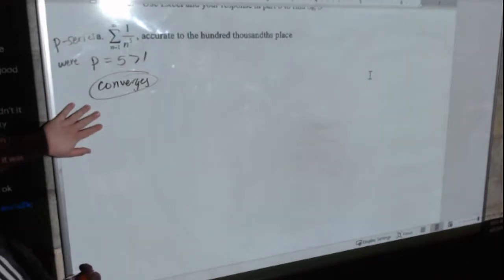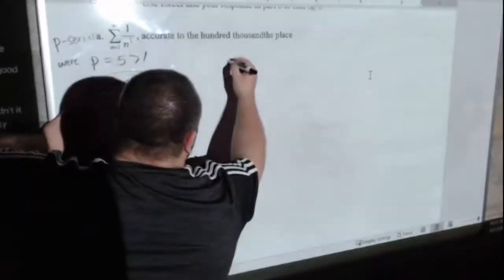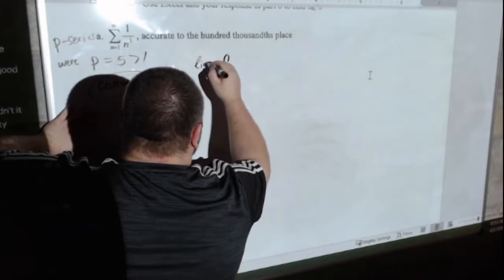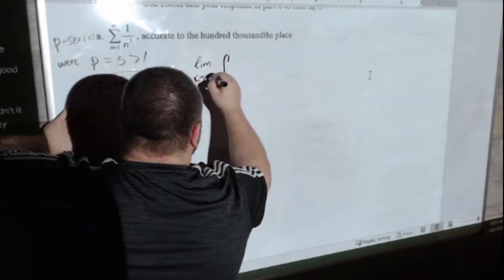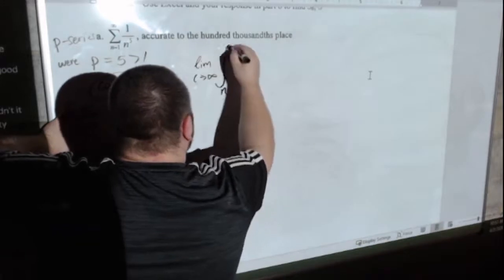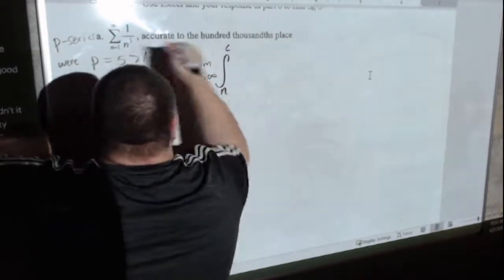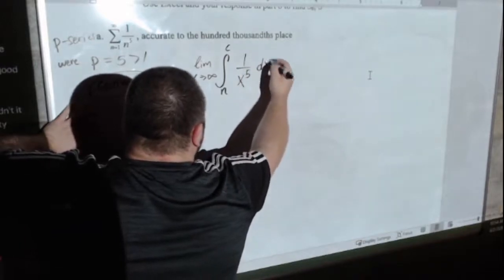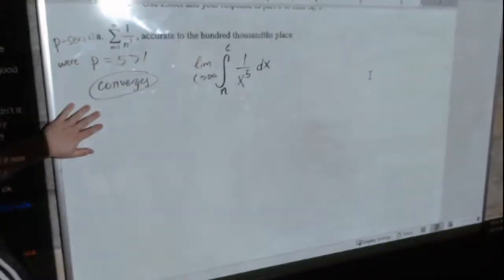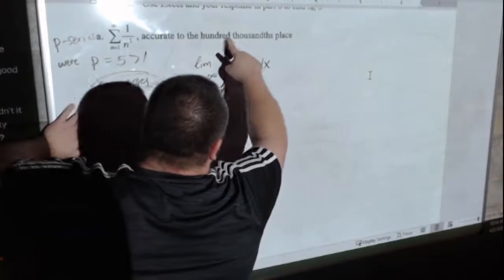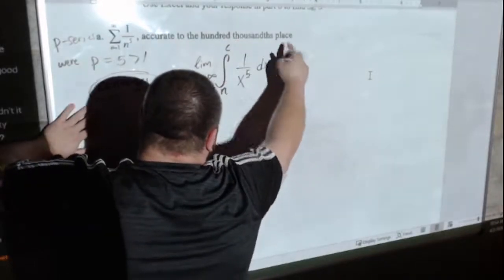The next part says, now introduce an integral from n to infinity. So again, we need the limit as c approaches infinity of this series, so 1 over x to the 5th dx. And it says it must be accurate to the 100,000th place.